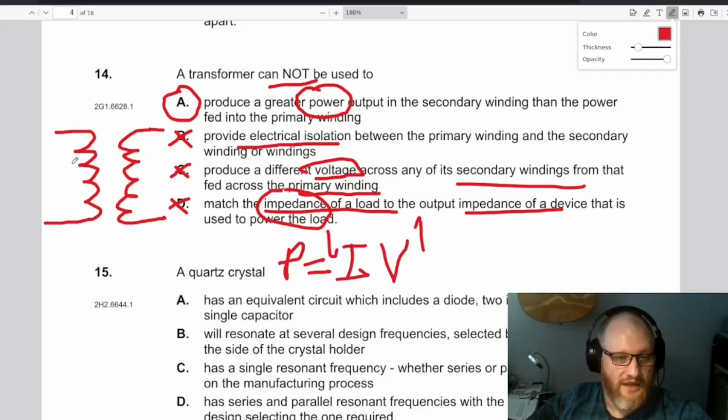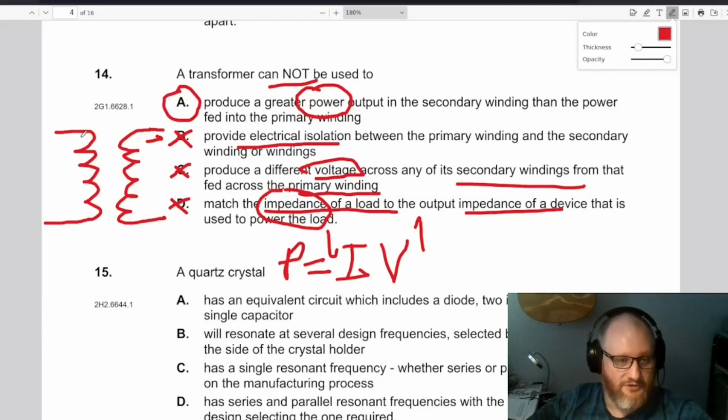So in our example where we transformed the primary voltage from 10 volts to 2 volts, the voltage went down by a factor of 5, but the amount of current we could pull out of this secondary coil went up by a factor of 5, in theory. The maximum amount of power that you will ever get out of a transformer is the amount of power that you put in.